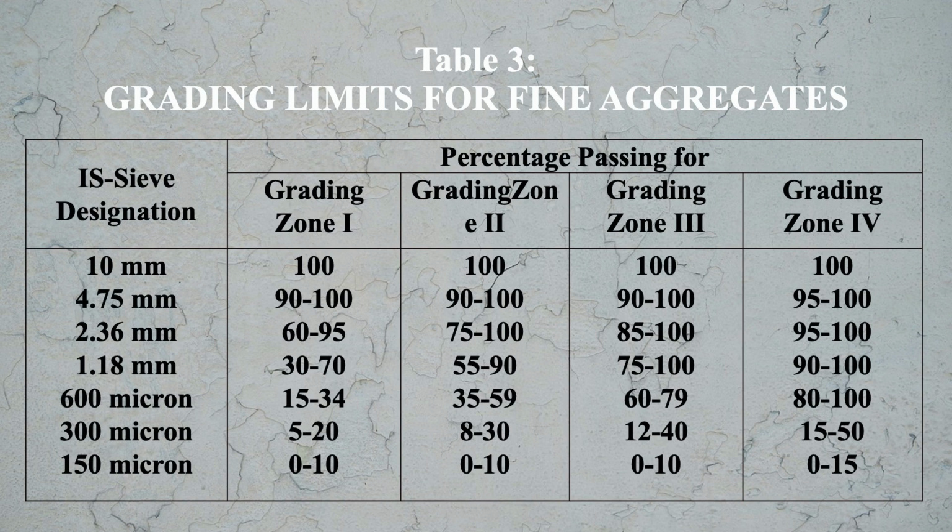Likewise, for 2.36 mm sieve size, for grading zone 1, the percentage passing is 60 to 95, whereas for zone 2 it is 75 to 100. For zone 3 it is 85 to 100. For zone 4 it is 95 to 100. So this way these grading limits for fine aggregates for percentage passing through the different sieves are defined.